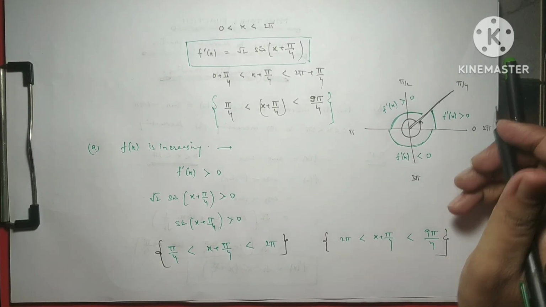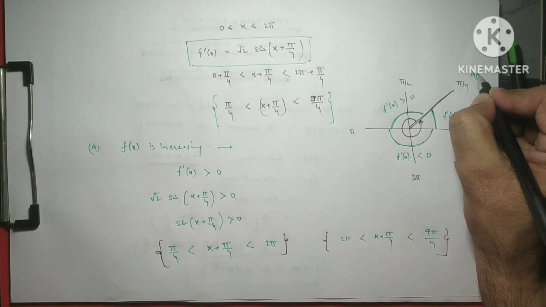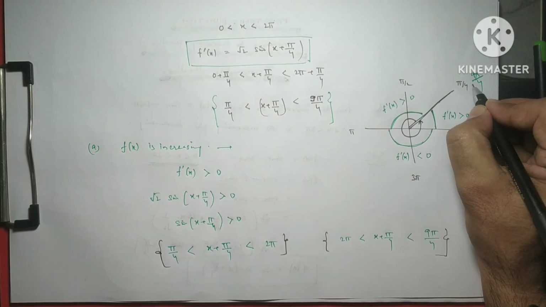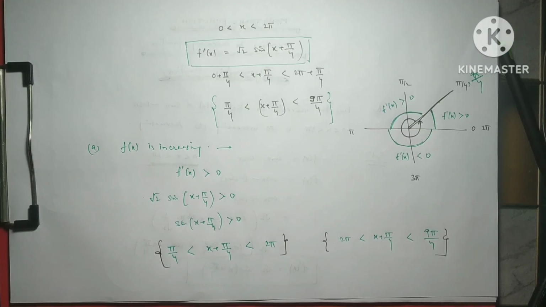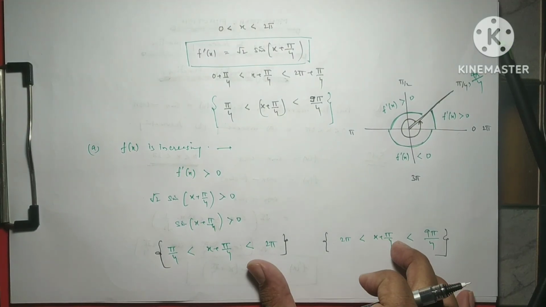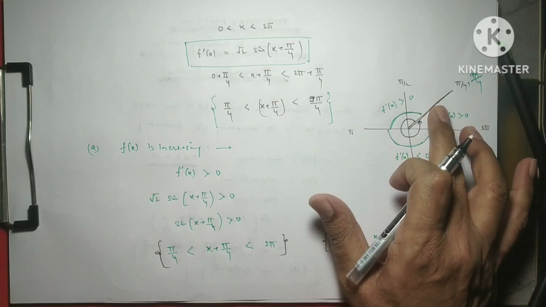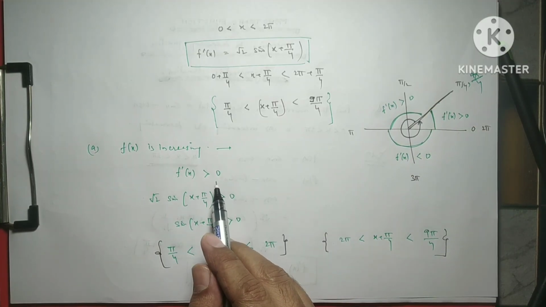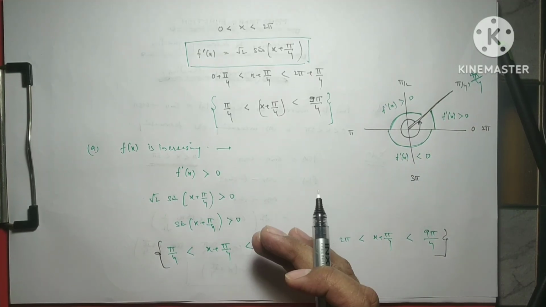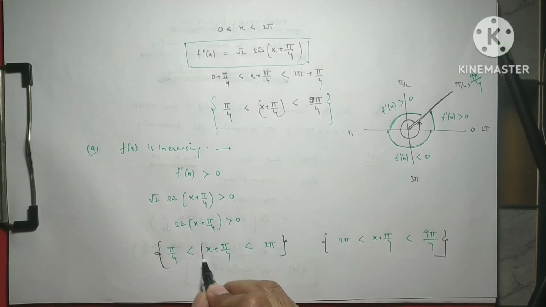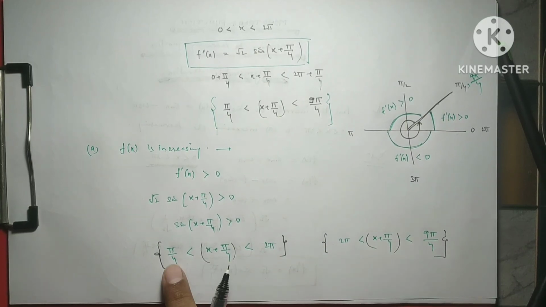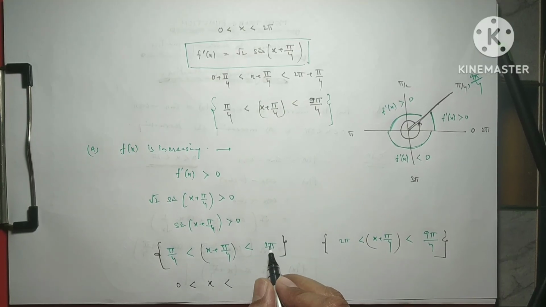So we have these two subintervals where f dash x is greater than 0, but we want the values of x, while these are the values of x plus pi by 4. So we will subtract pi by 4 from these, so you get 0 and, for x, 2 pi minus pi by 4, that is 7 pi by 4.